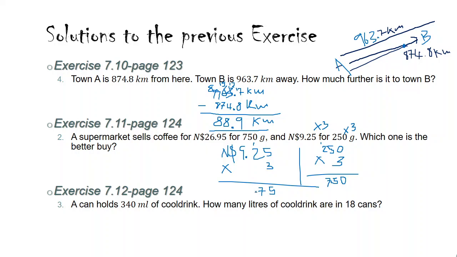The decimal point comes down there. Then you say 9 multiplied by 3, that is 27.